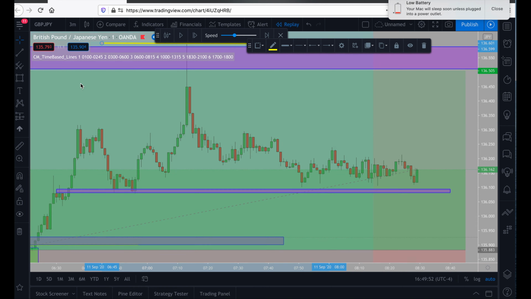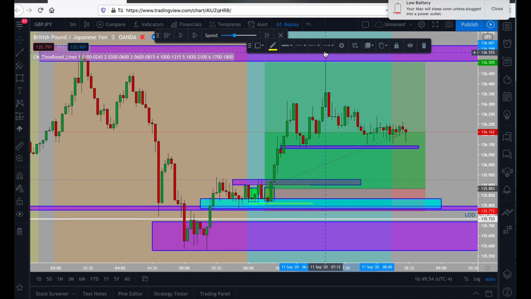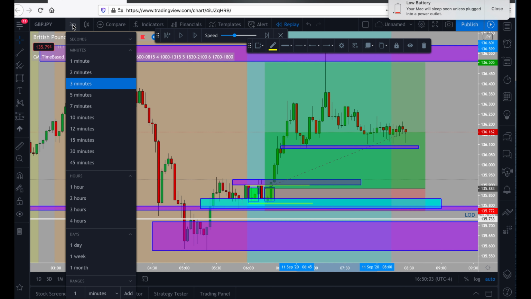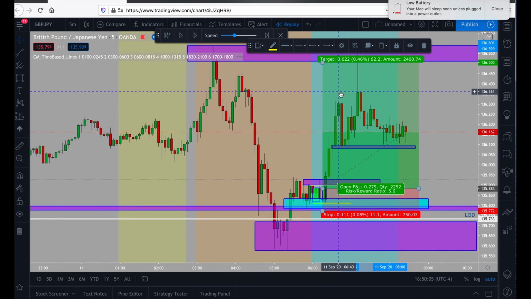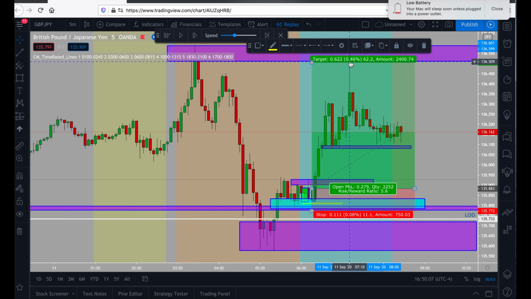If I go to my 3 minute, price went all the way up here, came down, went back up, support area formed here, price broke. 5 minute, price started up in here, came down, support area created right here, price broke it, retest, went below. So all of these are just bearish signals telling me that price is going to go down.